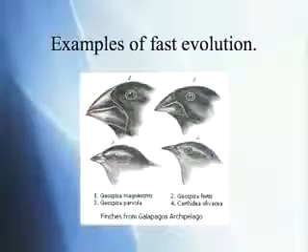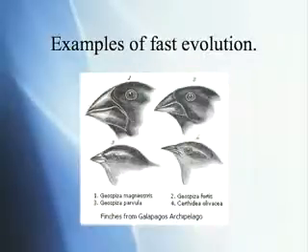Specifically, there's a lot of research going on right now in what is called contemporary evolution, which shows that evolution occurs very, very rapidly for many organisms. So that includes things like the finches that Darwin studied. They evolve very rapidly, even on the order of decades.